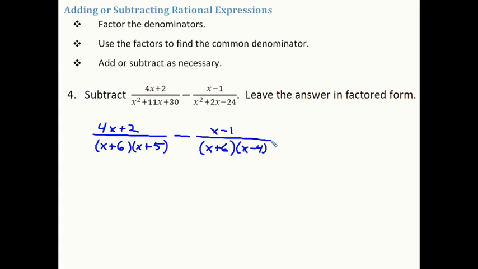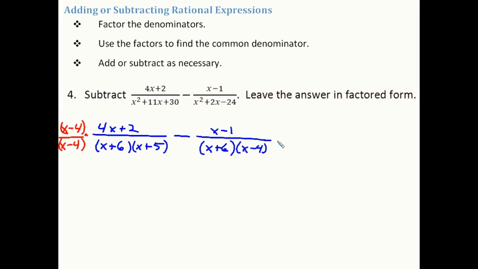So we notice in this one, to get a common denominator, both of them already have an x plus 6. The first one has an x plus 5, but we need an x minus 4. So we're going to multiply by 1, and the special form of 1 is x minus 4 over x minus 4.